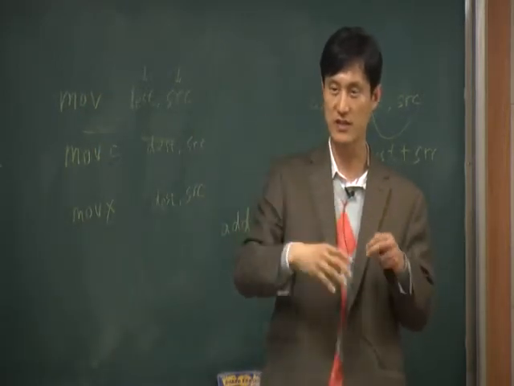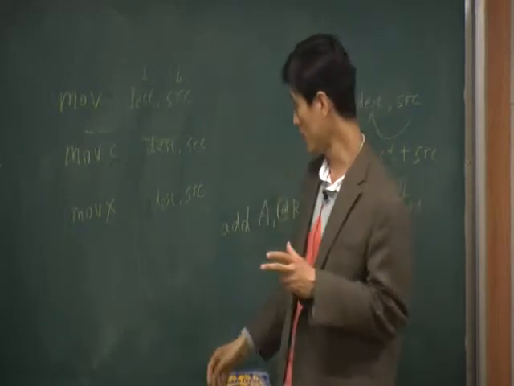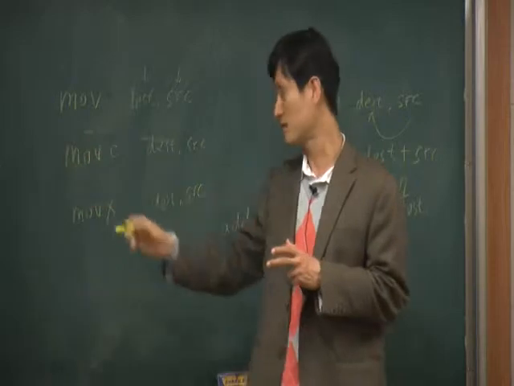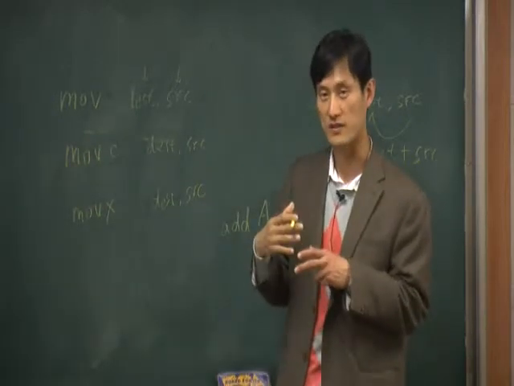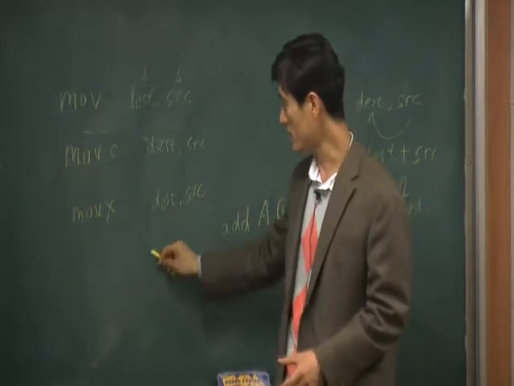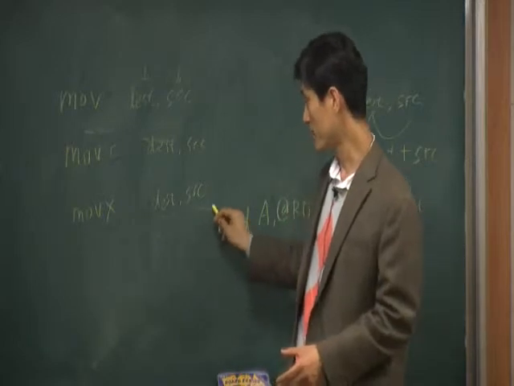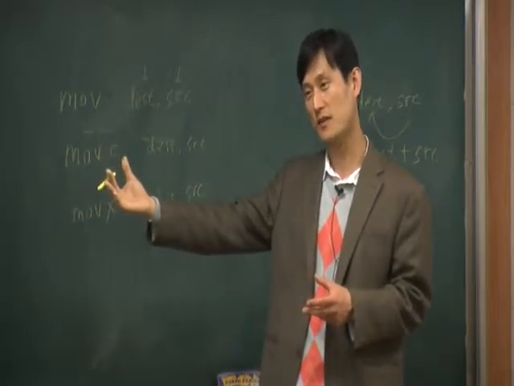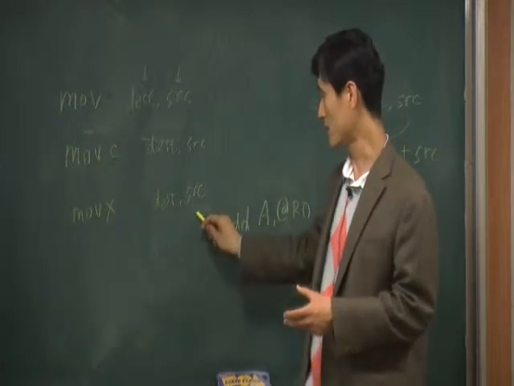So my destination is internal. In that case, the source is going to be an external address, and the destination is going to be an internal address. The internal address is going to be 8-bit, but the external address is going to be 16-bit, right?